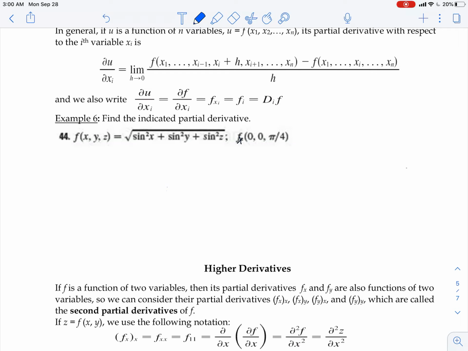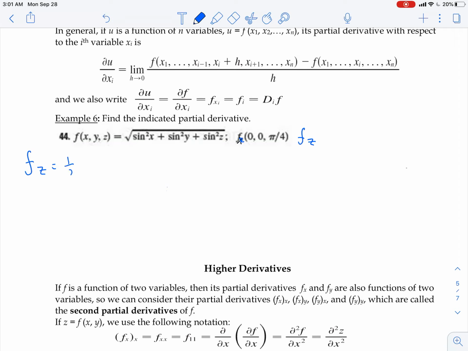It looks like x, but I want you to notice that this is taking the partial with respect to z. The notes got a bunch of marks on them this time, so I'm sorry about that.